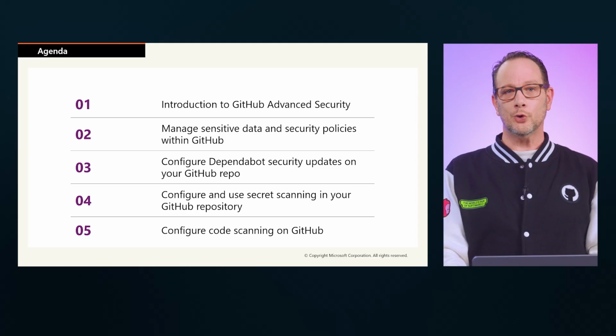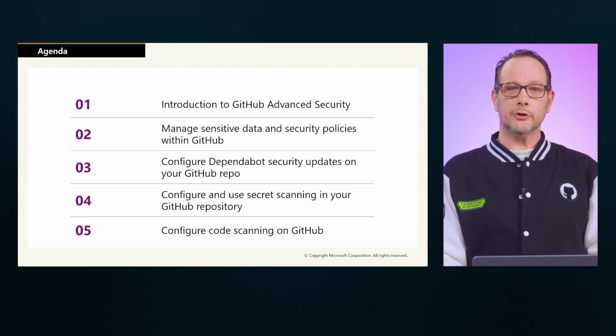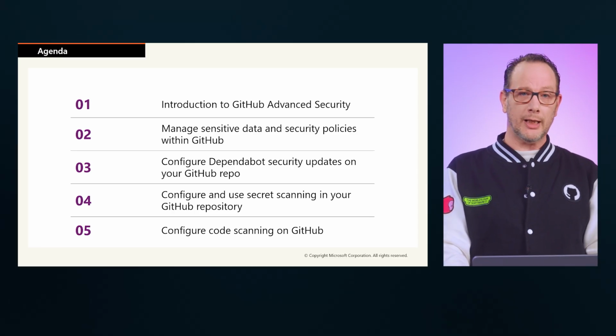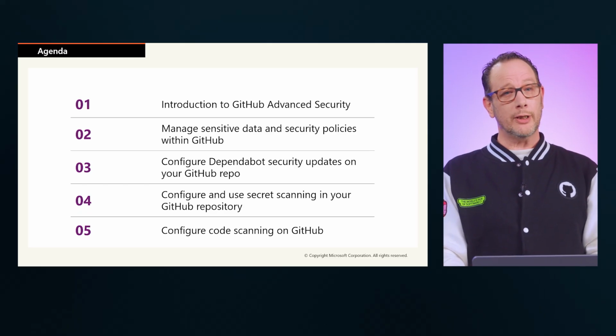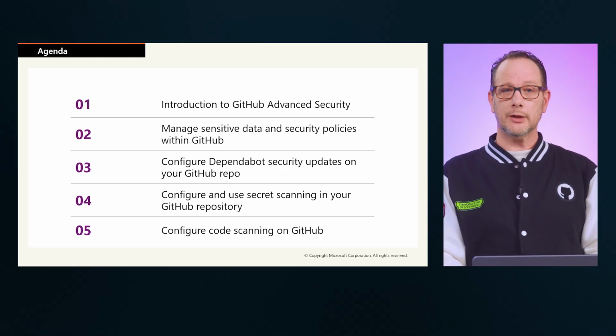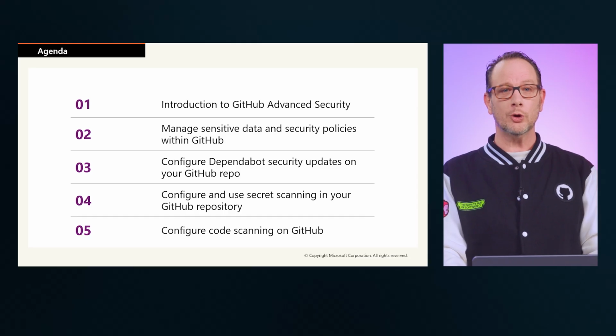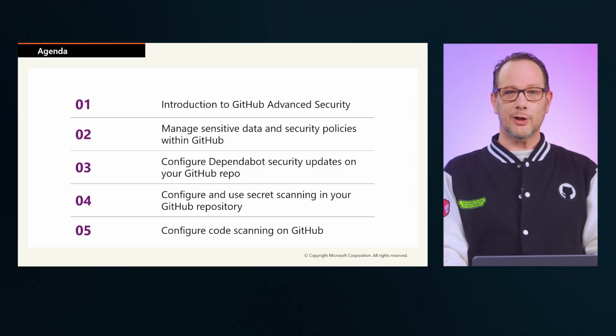From there, we'll jump into the more advanced pace, covering the different capabilities of the GitHub Advanced Security plan, starting with Dependabot vulnerability scanning, covering secret scanning next, and then closing with a somewhat larger module on CodeQL, which is GitHub's solution for overall code security scanning.